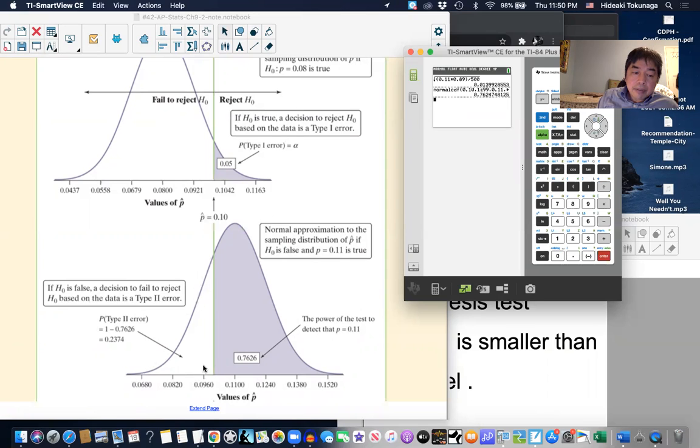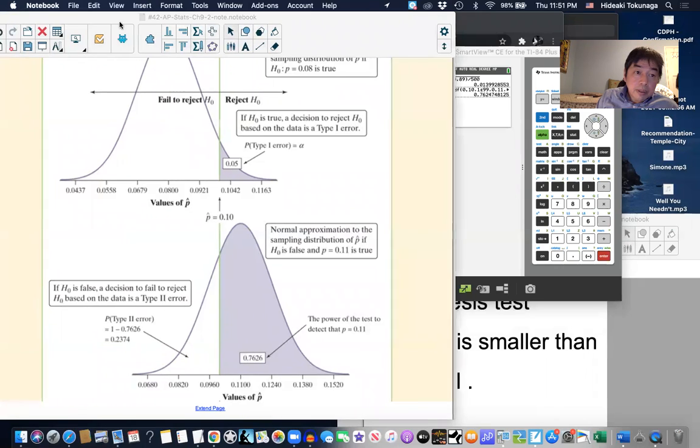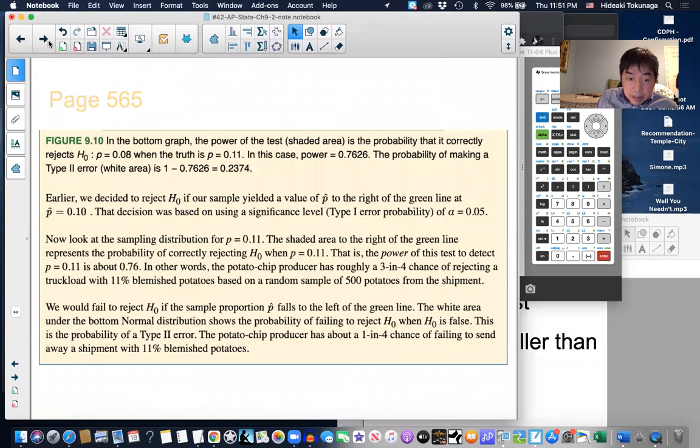How did you get the type 2 error? 1 minus the power of the test. So it's okay to reject the null hypothesis because 0.11 is true, and this is the power. If you have the equation somewhere, you can read this. This is page 565.